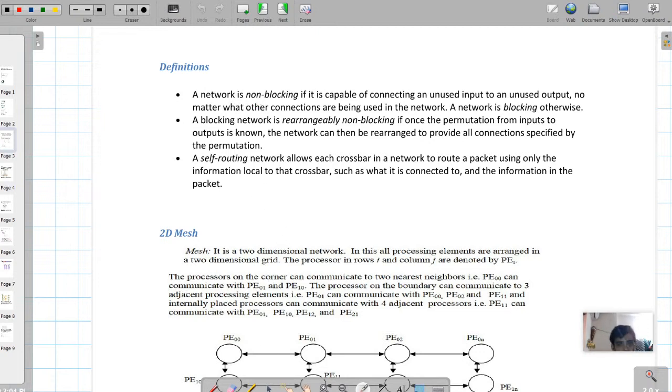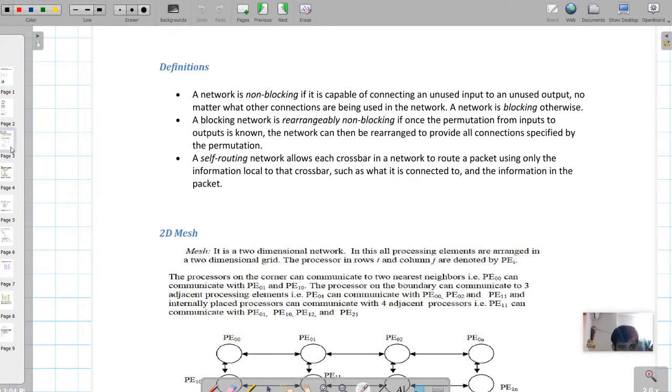A network is non-blocking if it is capable of connecting an unused input to an unused output, no matter what other connections are being used in the network. A network is blocking otherwise.